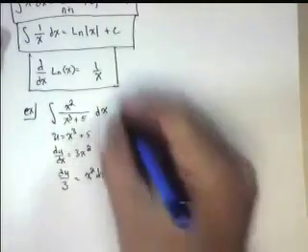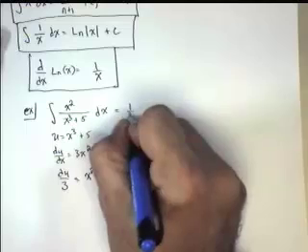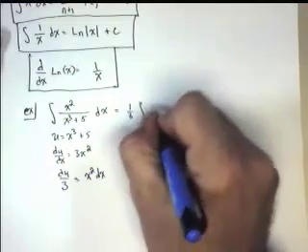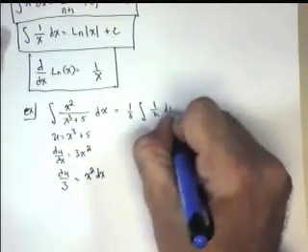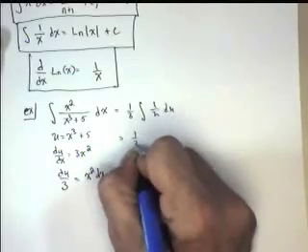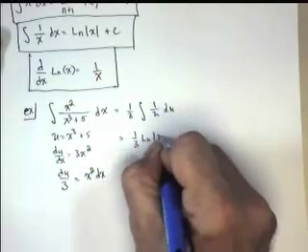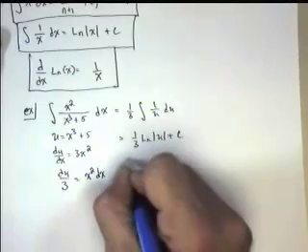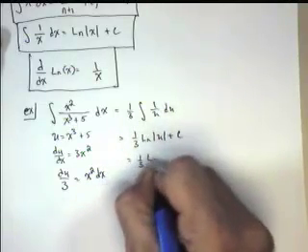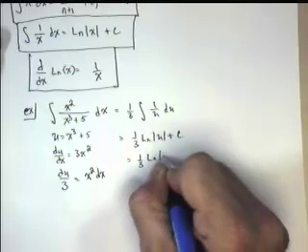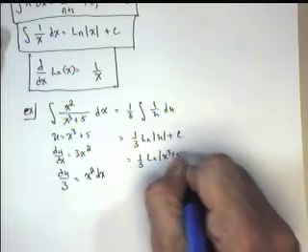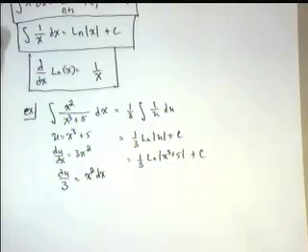There's our x squared dx, so we have 1 over 3 times the antiderivative of 1 over u du. That's 1 over 3 times the natural log of the absolute value of u plus a constant. That's 1 over 3 times the natural log of the absolute value of x to the third plus 5 plus a constant.